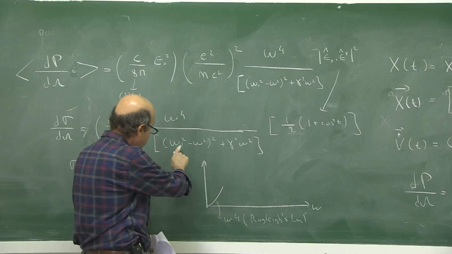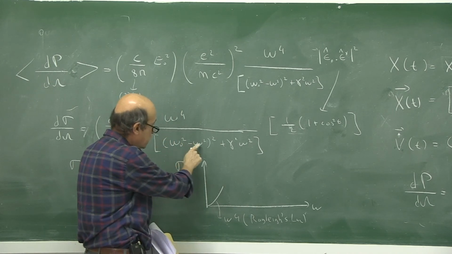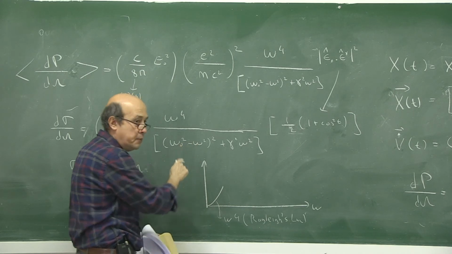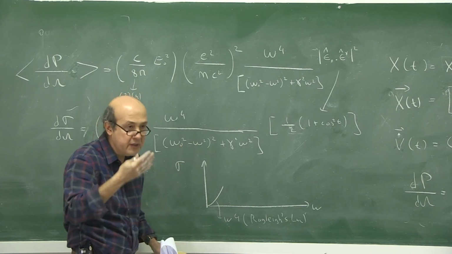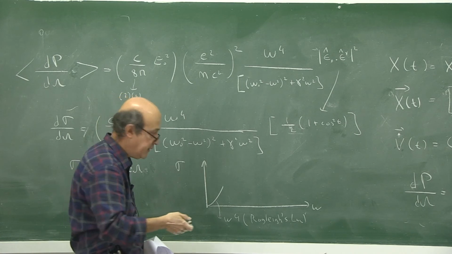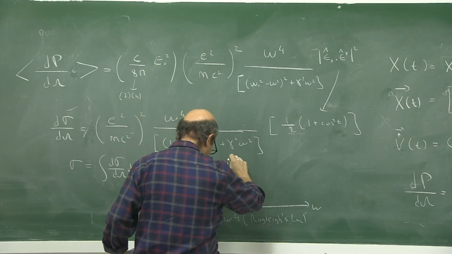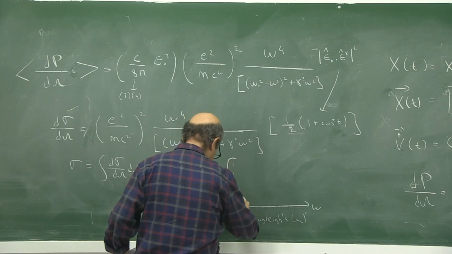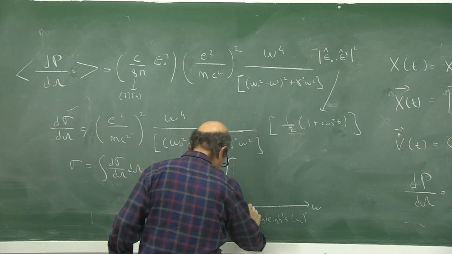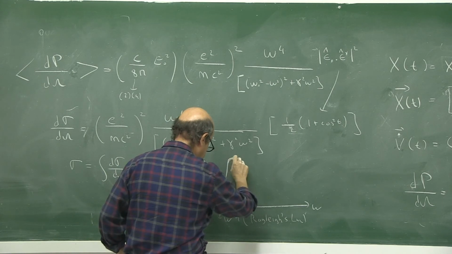And when omega is equal to omega 0, that is the resonance case. The scattering cross section goes to its maximum value at omega equal to omega 0. So this is something like this.